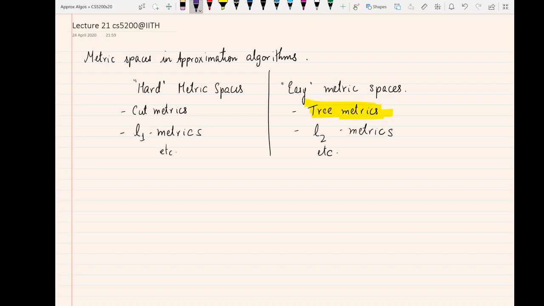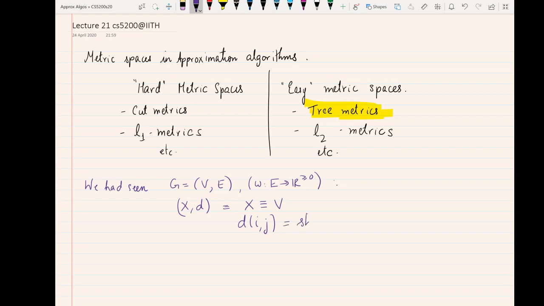If you recall, we had seen what a graph metric space was. Given an undirected graph G = (V, E), possibly with weights on the edges, we had defined a metric space associated with this graph where the set of points X was identified with the vertex set of the graph, and the distance between any i, j, where i and j are points in X or equivalently vertices in the graph, is the shortest path distance in G. And we had seen that this is indeed a metric.